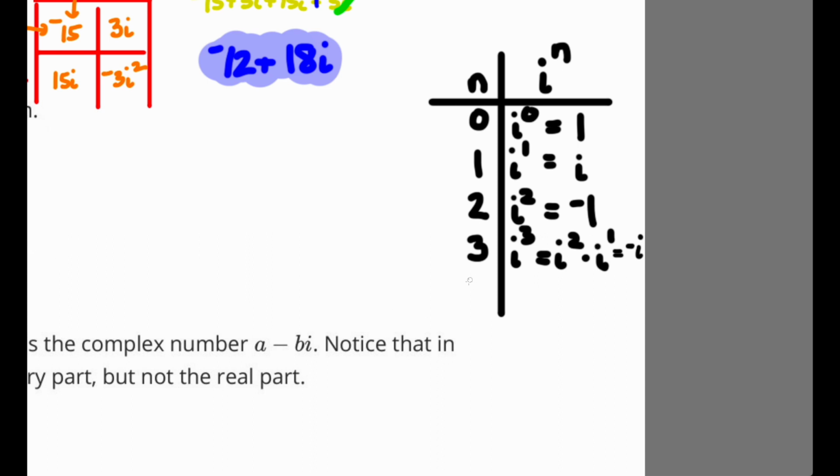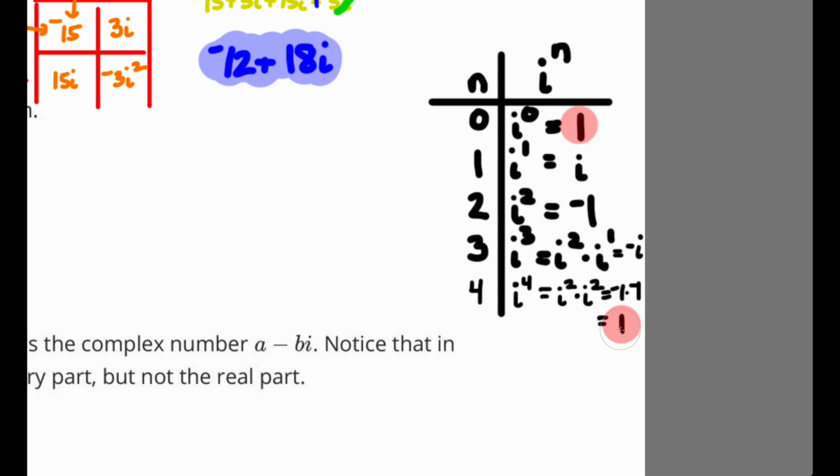Okay, and then a very interesting thing happens when we put a 4 in here. Now we have i to the 4th. Well, i to the 4th is just i squared times i squared. We know that's equal to -1 times -1. So i to the 4th is actually just equal to 1. So what ends up happening here is you end up repeating every 4, you get a 1.